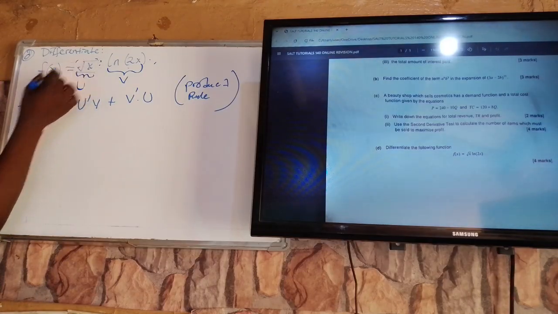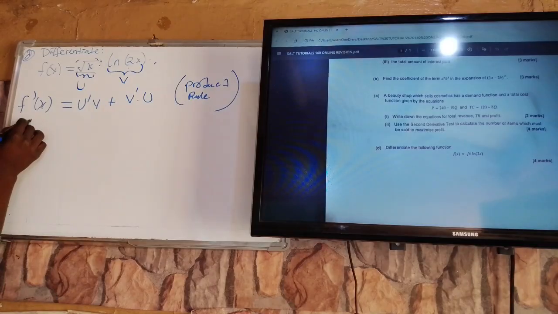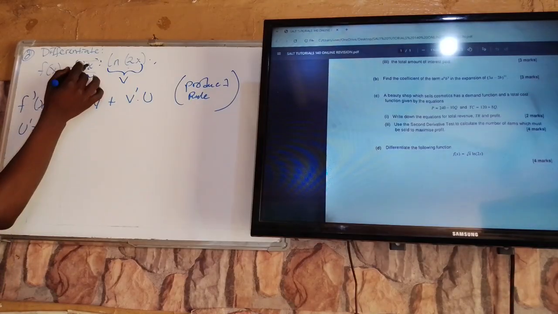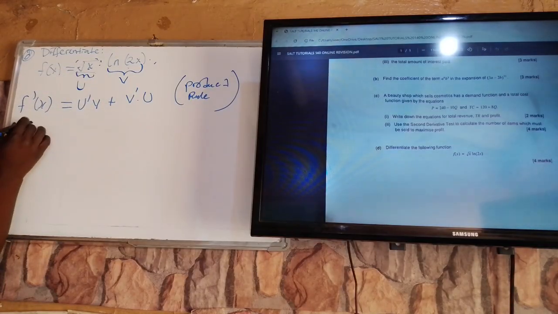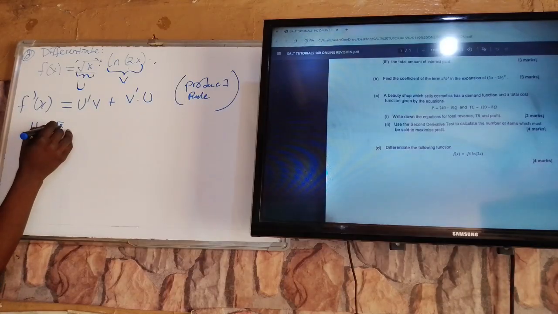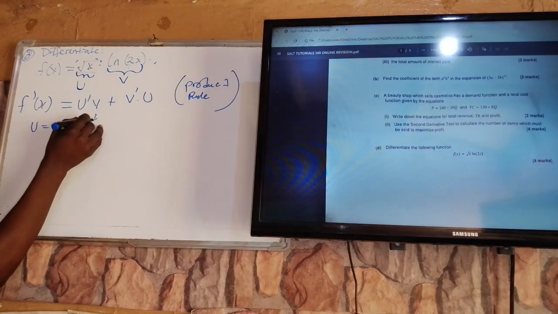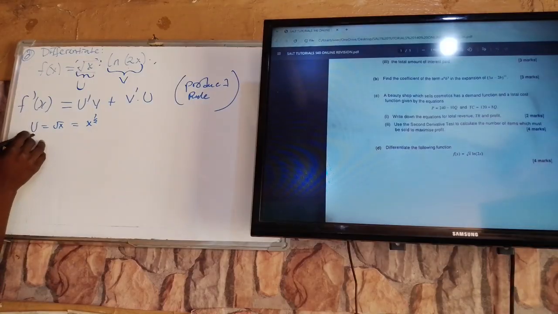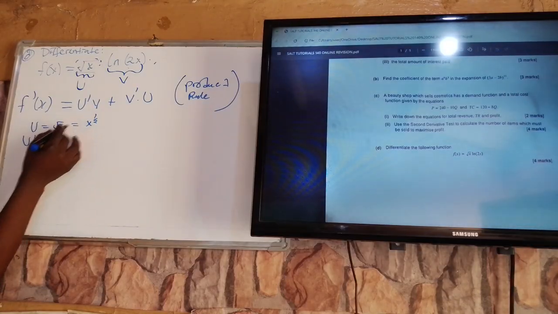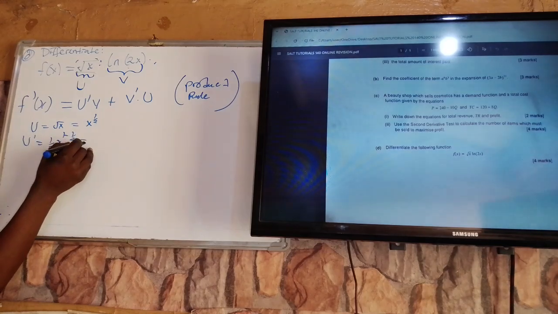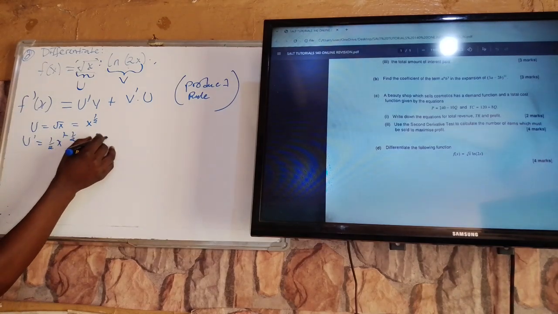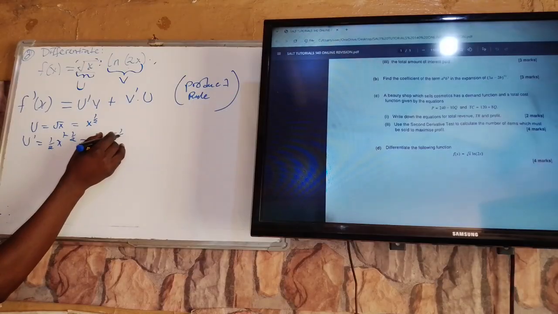u prime is differentiating this. So u prime is equal to, now look at this, u is equal to the root of x, which can be written as x to the power of 1 over 2. So if you are looking for u prime, the 1 over 2 drops down, x to the power of 1 over 2 minus 1, implying that you are talking about 1 over 2 x to the negative 1 over 2.